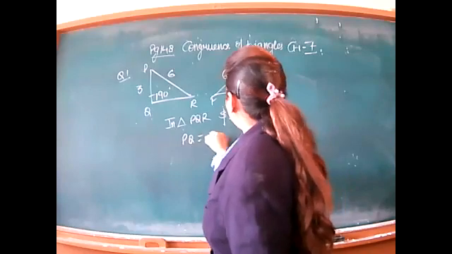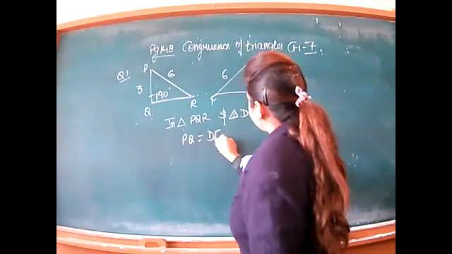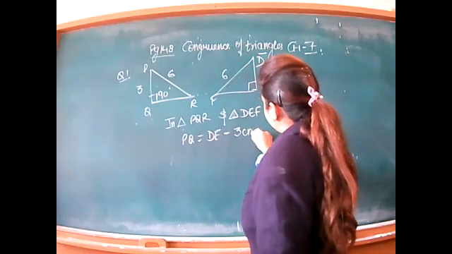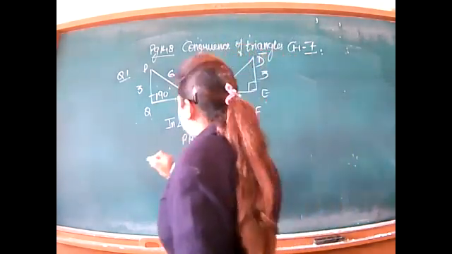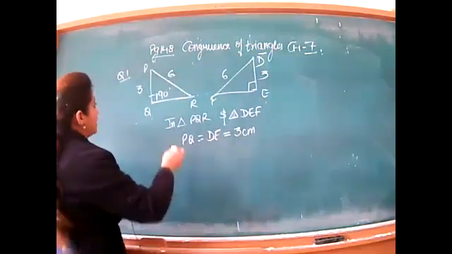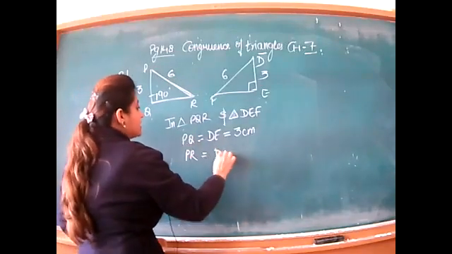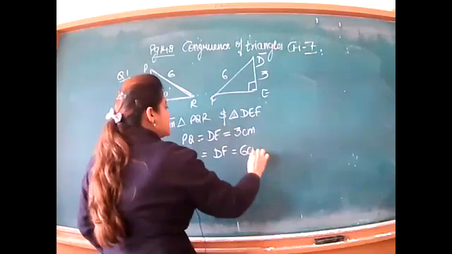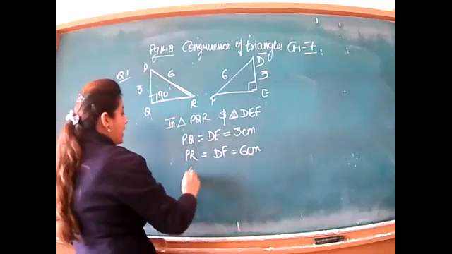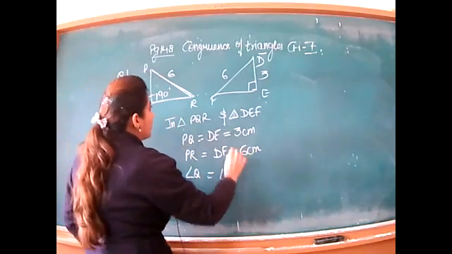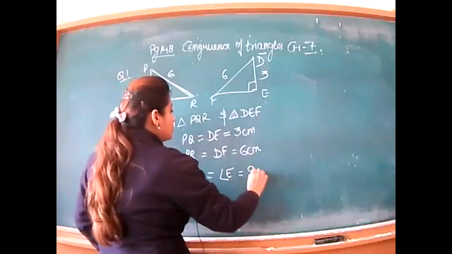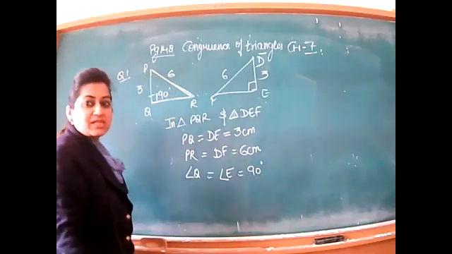PQ is equal to DE is equal to 3 centimeter. These two sides are 3 centimeter. PR is equal to DF is equal to 6 centimeter. Angle Q is equal to angle E is equal to 90 degree. All these things are given.